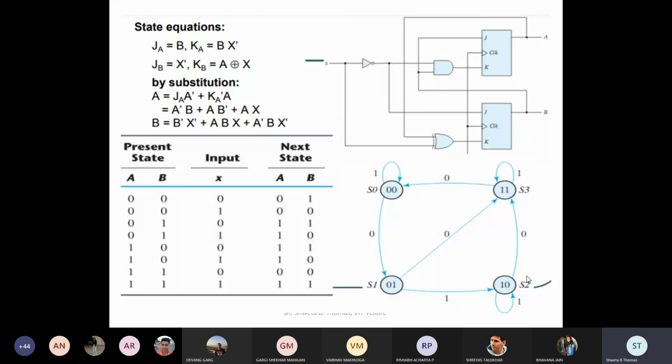So J A complement means A is 0, it will be 1. And JA is equal to B, so both are 0, so it will be 0. K A complement, and KA is equal to B X complement, so it will also be 0. So that's why the first value A is equal to 0.